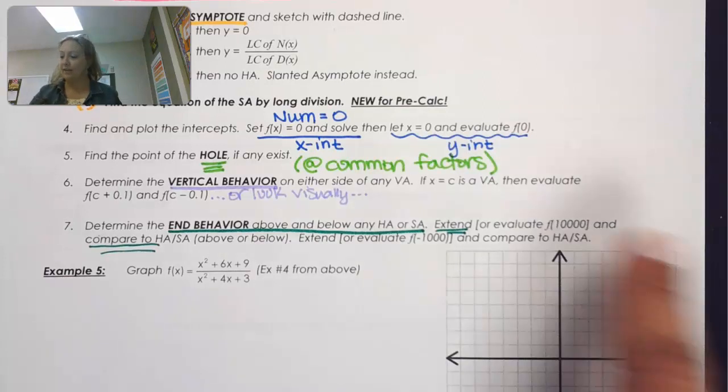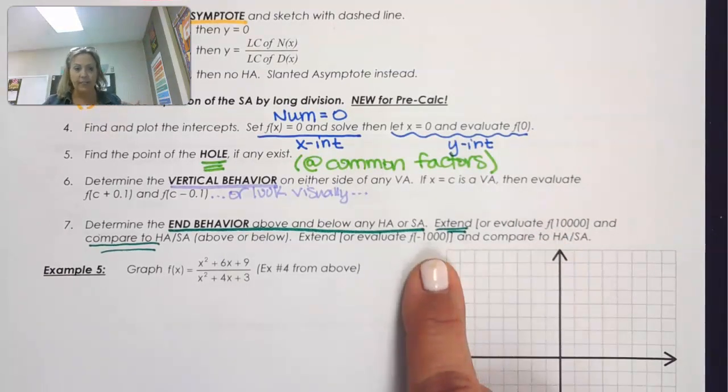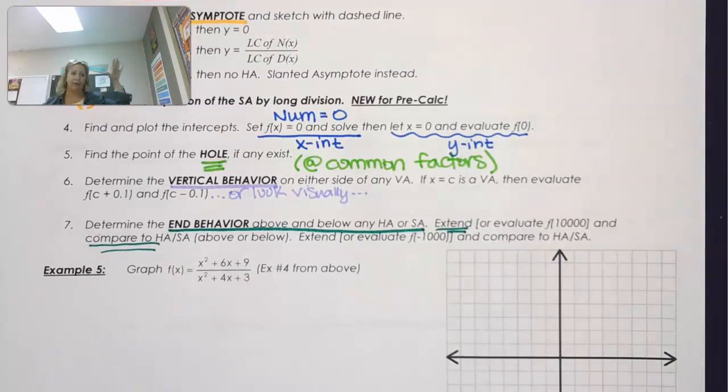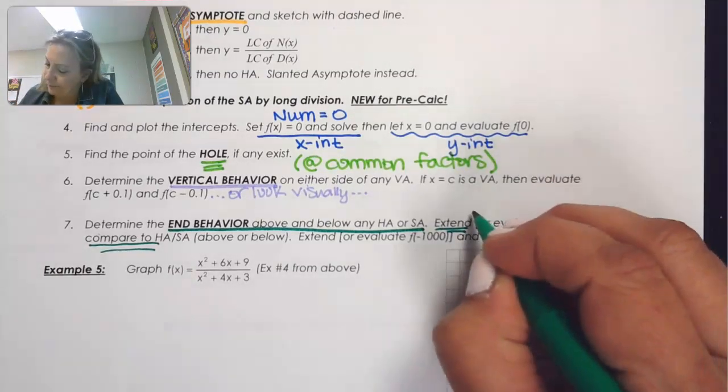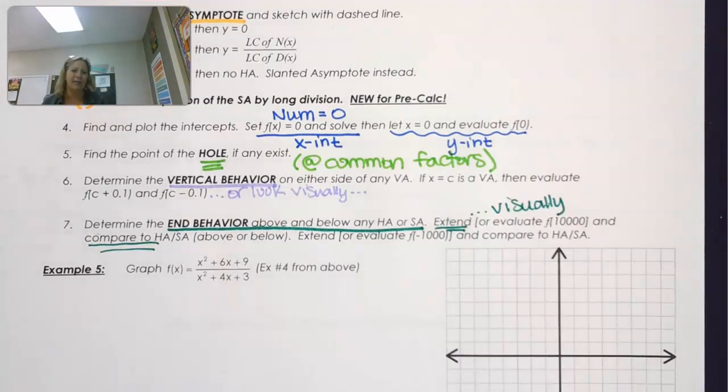You can also evaluate a very large number and a very small number and see where that gives you. But again, I think we're just going to look visually. We're just going to extend and do this visually. No use in you guys doing extra computations.